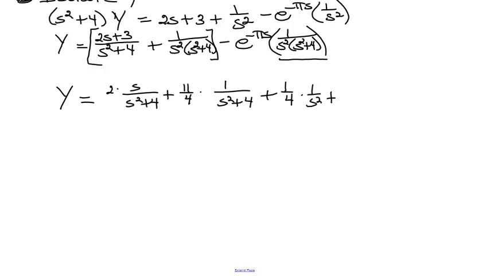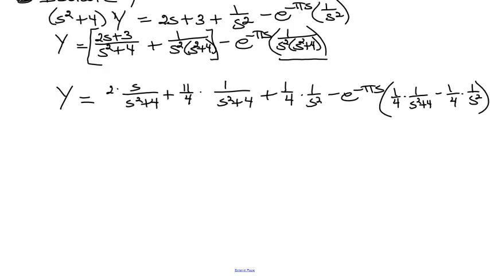And there we had a minus because we changed it, so let me get rid of that plus, minus the exponential times, and when I did the partial fraction decomposition on the second one, I got 1/4 times 1 over s squared plus 4 minus 1/4 times 1 over s squared.